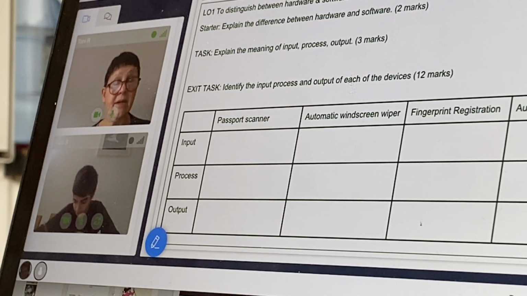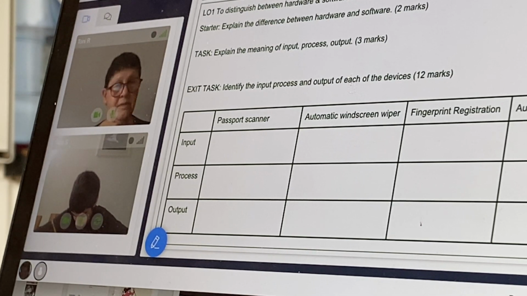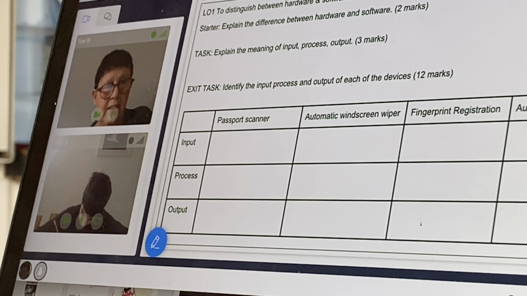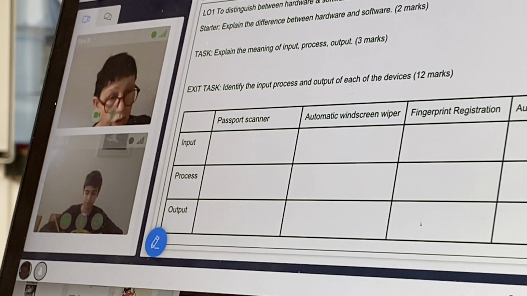What's the process? Checks if it's water. Good. And then the output. Switch on wipers.